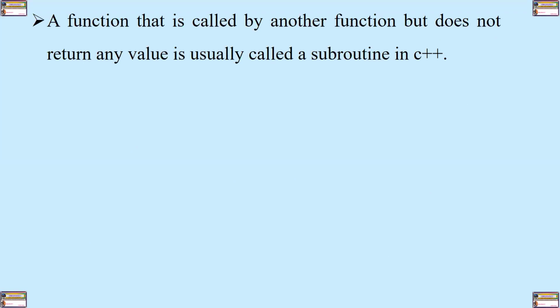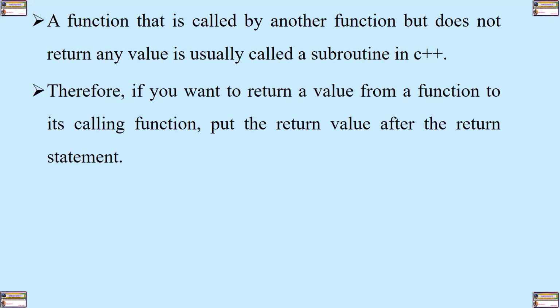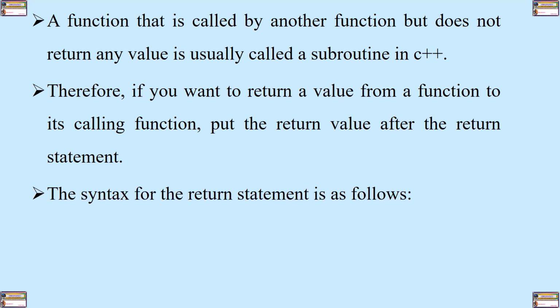A function that is called by another function but does not return any value is usually called a subroutine in C++. Therefore, if you want to return a value from a function to its calling function, put the return value after the return statement, just as you have seen. The syntax for the return statement is always as follows: return, and you enclose the value that you are returning to the caller.